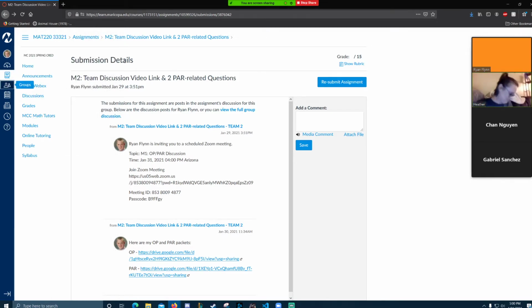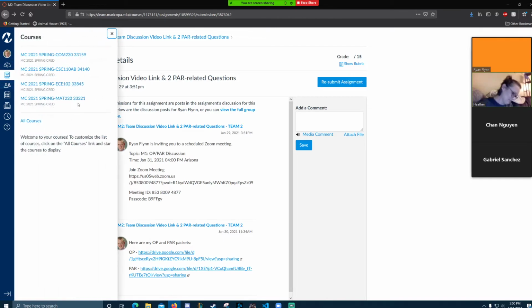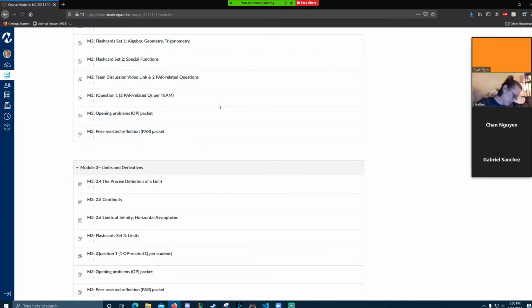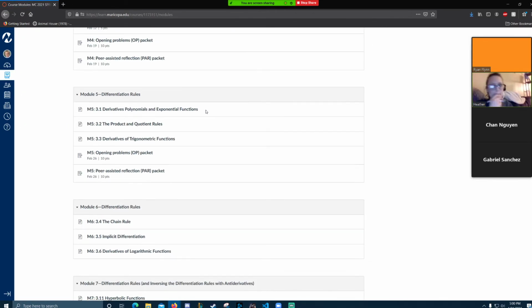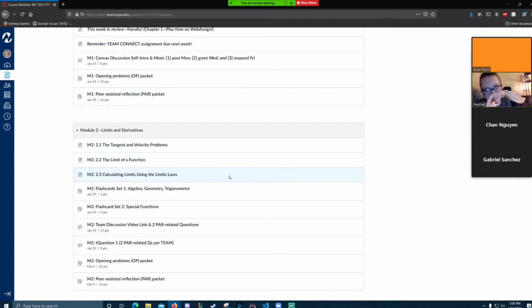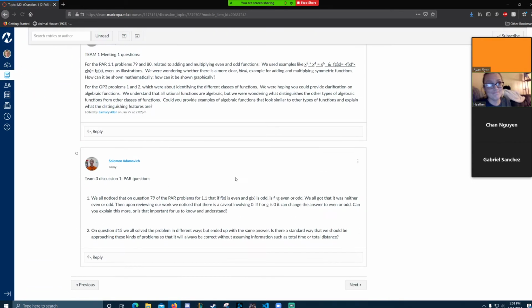Let's see. Where am I trying to go? All this stuff is a mess trying to figure out where everything needs to go. There we are. So yeah, we already have some questions here. For team 1 and team 3, they put the par 1.1 problem 79 related to adding and multiplying odd functions, and they use those as illustrations.